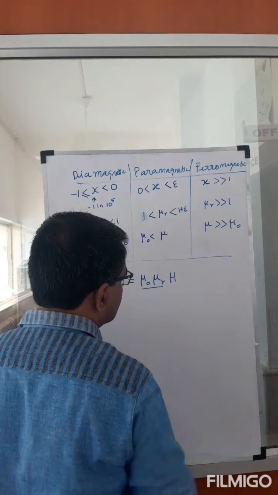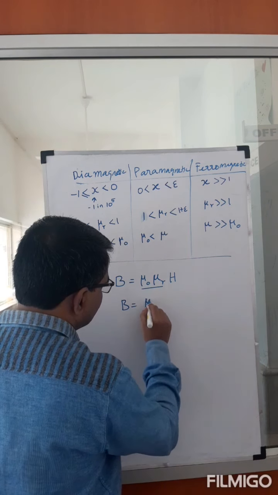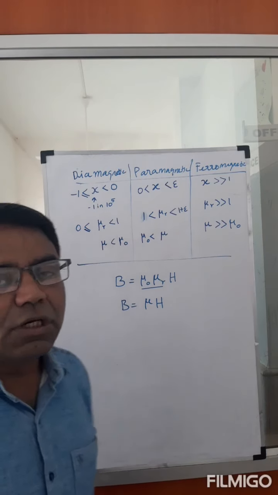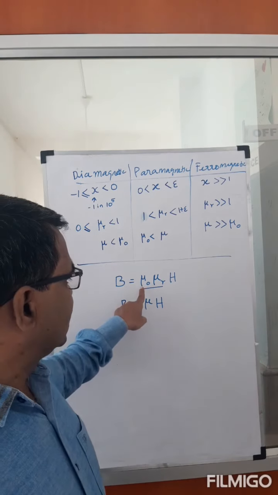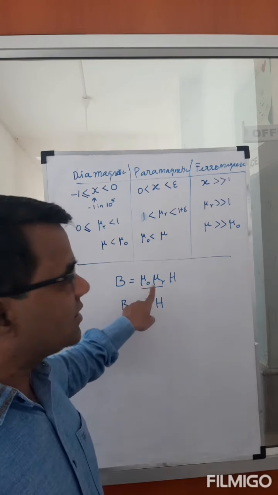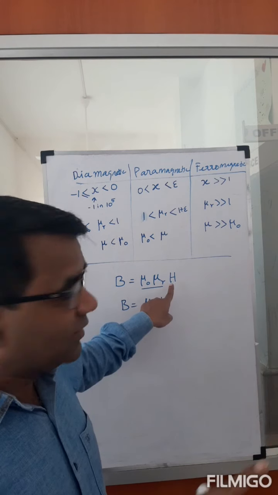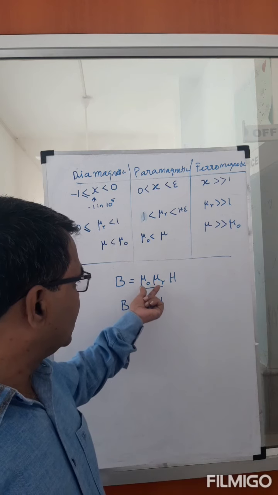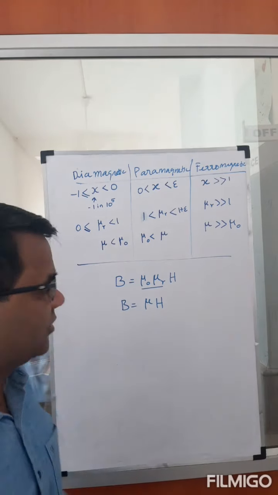And I can take these two things together, and then I can say that B is equal to mu H. So now mu is the permeability of that material. This is the permeability of free space, and this is the relative permeability of the material. But this one, which is equal to mu naught into mu r, is the permeability of the material.